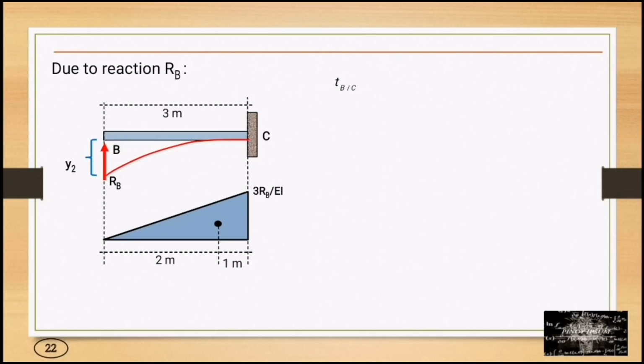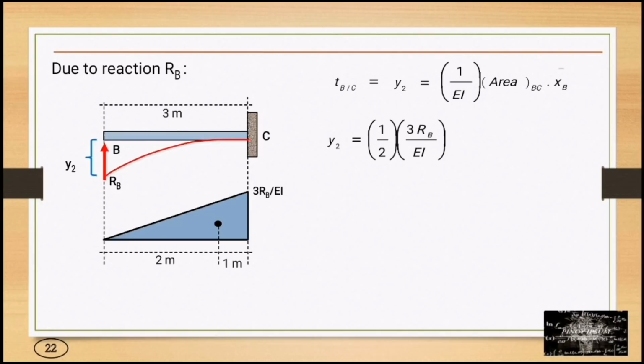Then the centroid, yung TBC is equal to y2 is equal to 1 over EI times the area between B and C times the centroid or x bar from point B. So yung y2 is equal to 1 half times 3 times RB over EI times 3 times the centroid from point B. So we have 2. So yung y2 in terms of RB over EI, so 9 times RB over EI.